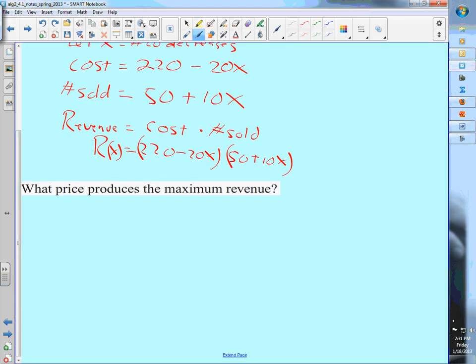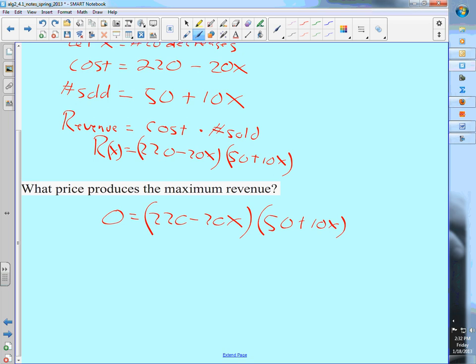But in order to find that maximum revenue, you would want to turn that into standard form. If I asked you what the x-intercepts would be, we would do 0 equals 220 minus 20x times 50 plus 10x. We can kind of cheat the system here. How do I find the x-intercepts? If the y is 0, how do I solve this? You could multiply that all out, but we haven't really talked about that.